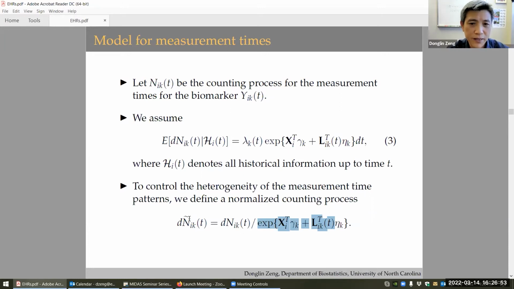What does independent imply? It basically means that under this normalized counting process, or event time process, all measurement time points are homogeneous. You don't have heterogeneity anymore because we removed it. This is a very popular model, the intensity model, used in a lot of event time data analysis.